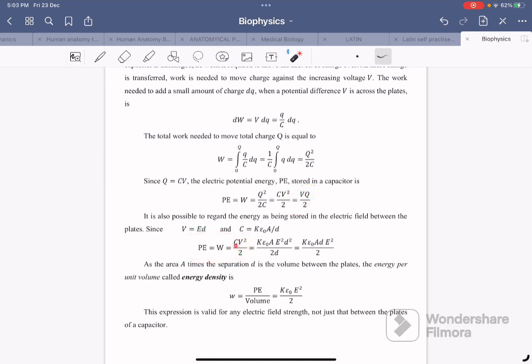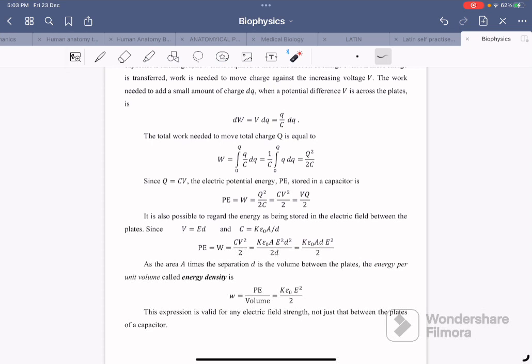We know that capacitance is K epsilon naught A divided by D, times potential squared. Since potential is electric field times distance of separation, we get electric field squared, distance of separation squared, and the 2 is still the same, but D was in the denominator.